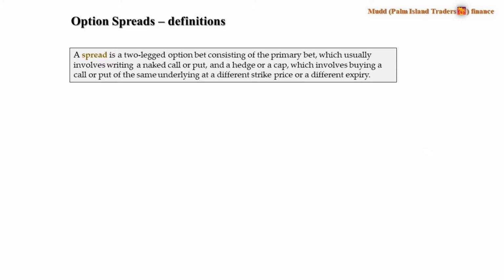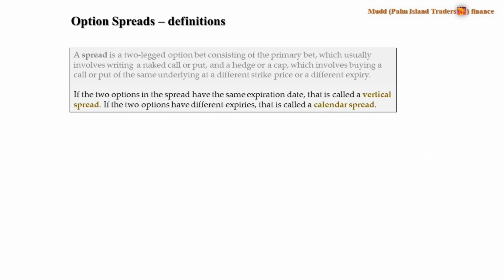Now, we need to review some definitions to remind ourselves of what we're talking about. First of all, a spread is a two-legged option bet consisting of the primary bet, which usually involves writing a naked call or put, and a hedge or a cap, which involves buying a call or put of the same underlying at a different strike price or a different expiry.